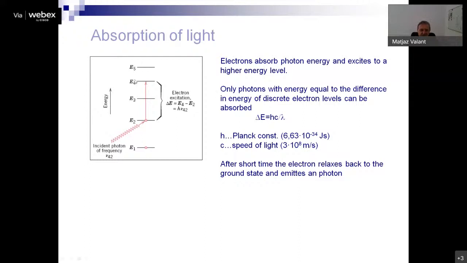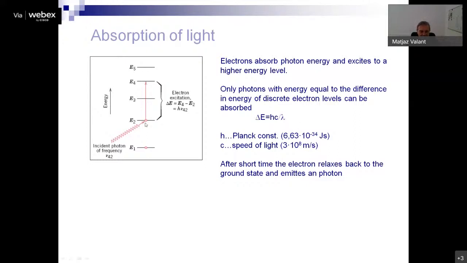So electrons can only absorb a discrete amount of energy. And this amount of energy can also be described in terms of the wavelength by this equation, which is written here.